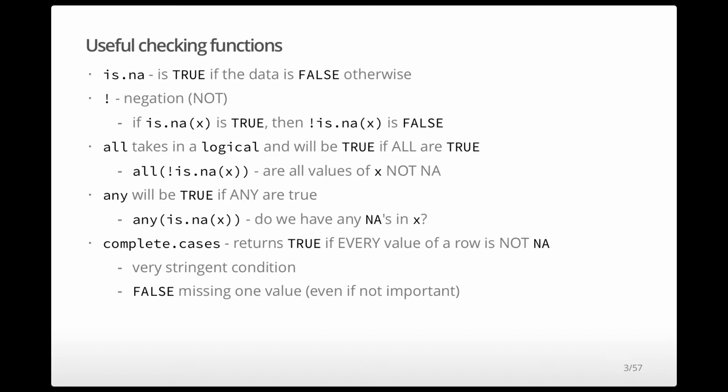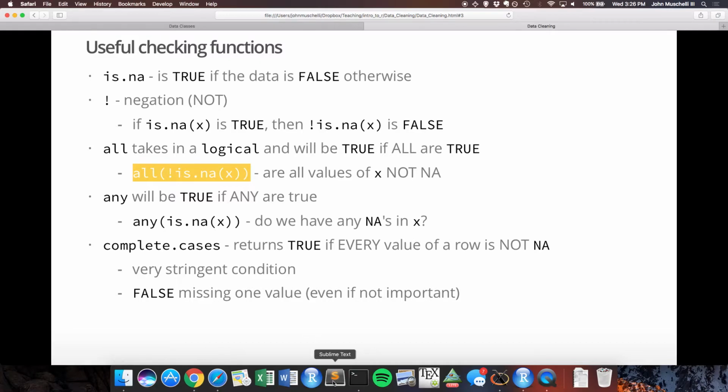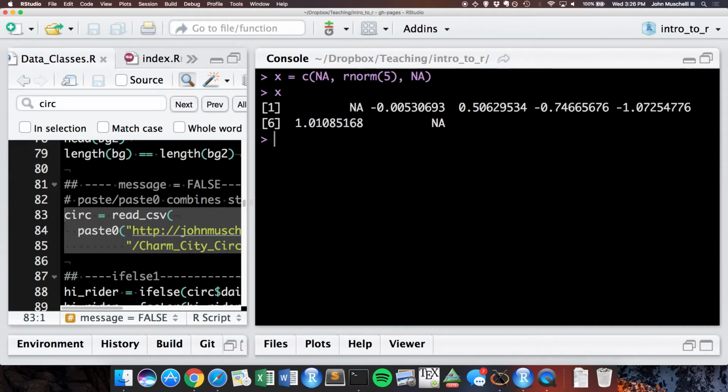And again, like the negation, say x. Don't worry about rnorm. rnorm is literally just making random normal variables.